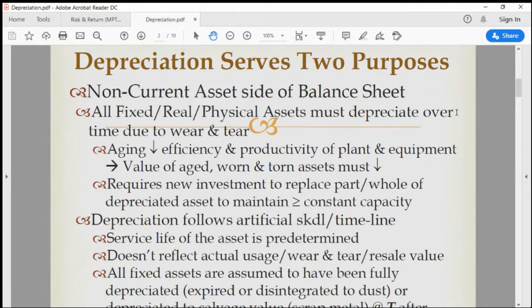Listen, what I'm saying is on the book, in other words, on the balance sheet, 5 years later, you want the remaining value of the car to be exactly zero or just a scrap metal value. That is called salvage value. You want only the salvage value left, and salvage value would be either scrap metal value or zero.